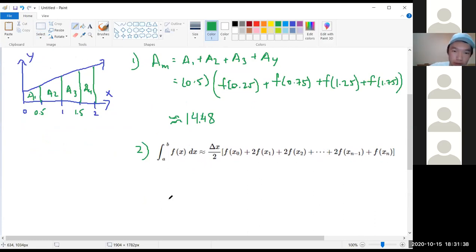So this is going to be equal to, first we have to do this part, which is delta x over 2. That's basically going to be the length of each trapezoid, which in this case is going to be 0.5 as well, because it's the same as the rectangle one. So this is 0.5.